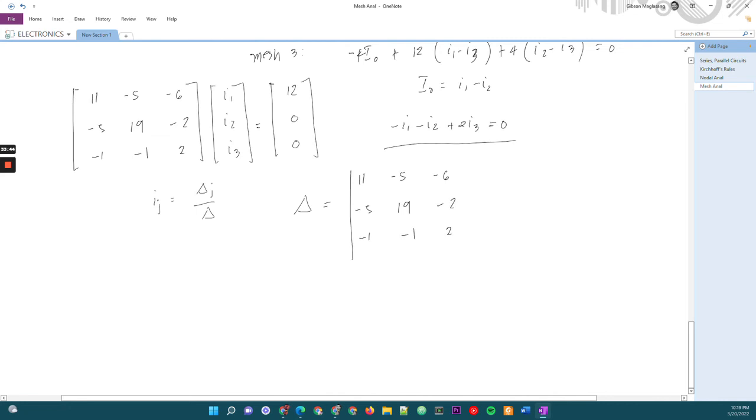Okay, and then after that, extend it. Copy the first two rows at the bottom, like 11, negative 5, negative 6, negative 5, 19, negative 2. Just copy the first two rows.